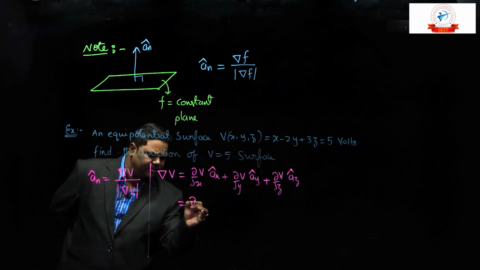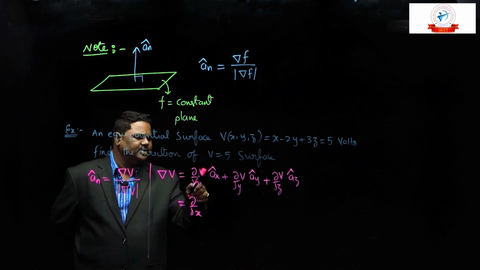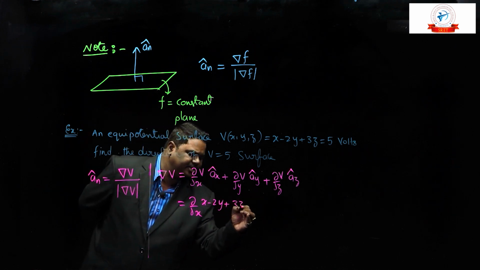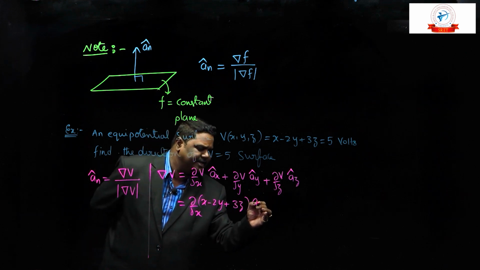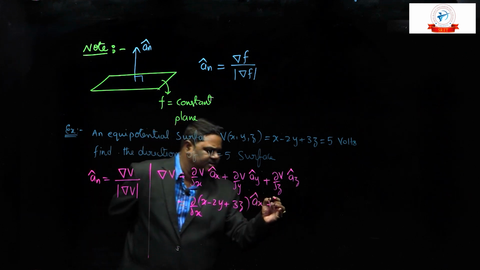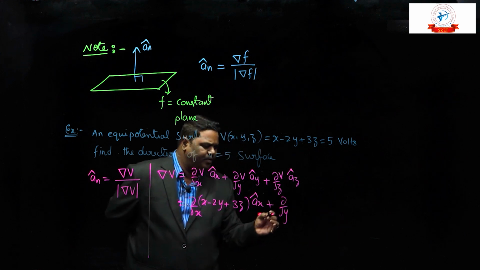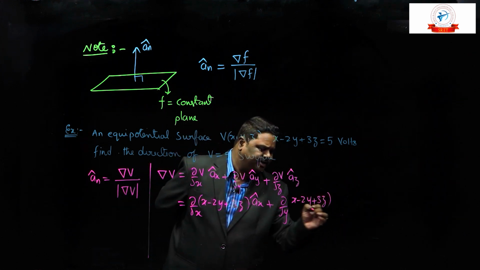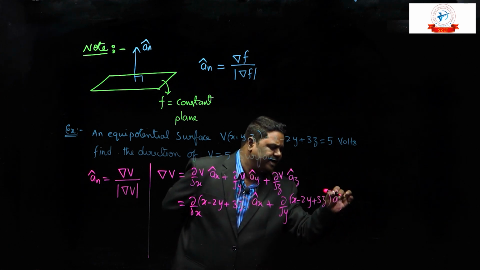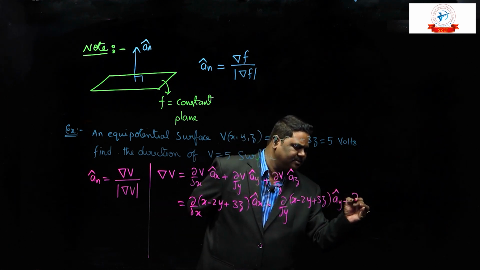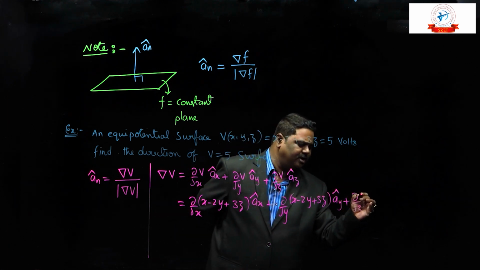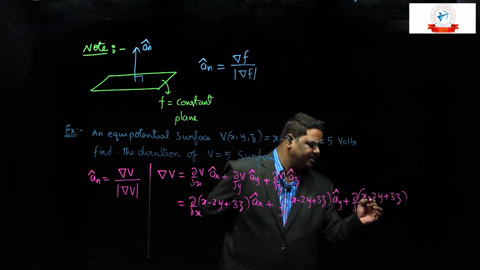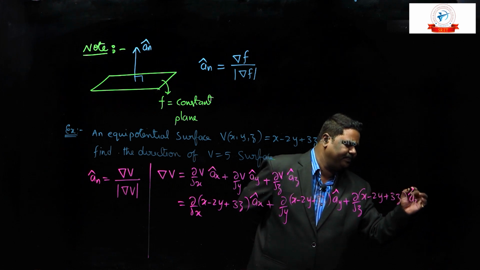Then we have dou by dou x of (x minus 2y plus 3z) into x cap, plus dou by dou y of (x minus 2y plus 3z) into ay cap, plus dou by dou z of (x minus 2y plus 3z) into az cap.